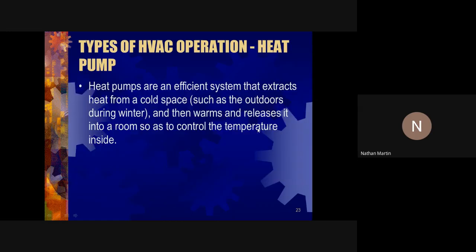All right. Now, to put all of that in context, heat pumps are basically an efficient type of system that extracts heat from cold spaces, such as outdoors during winter, and then warms it and releases it into a room, right?